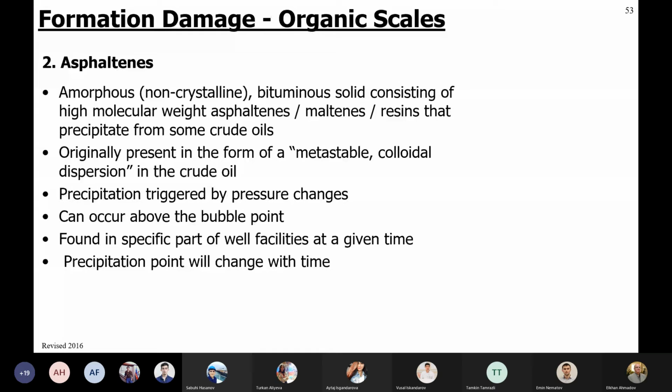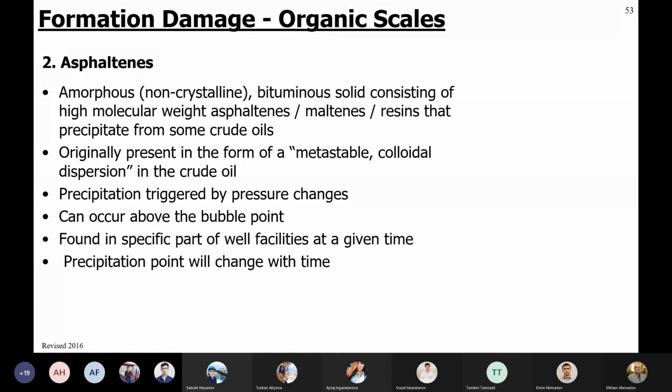Because it's the heavier part of the hydrocarbons, it's usually found in a specific part of well facilities, and it might be in different locations.